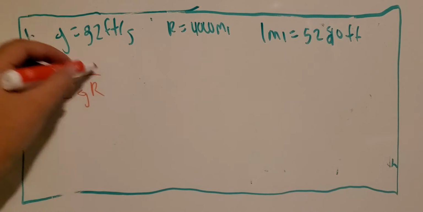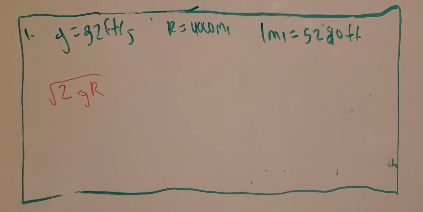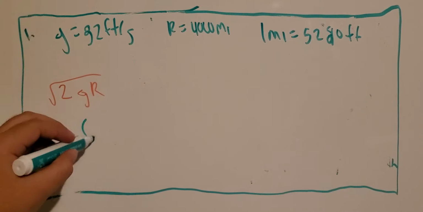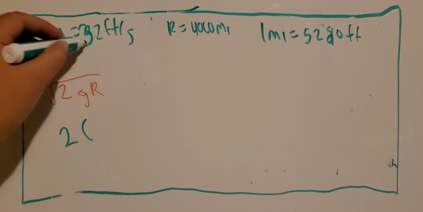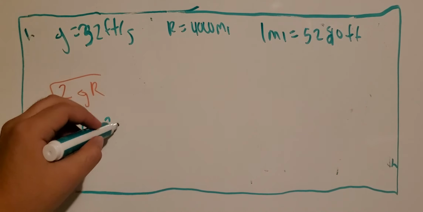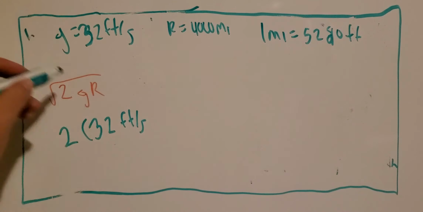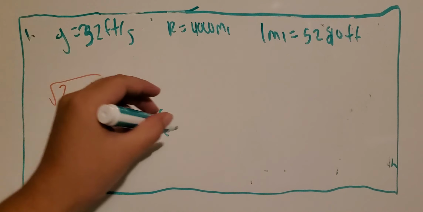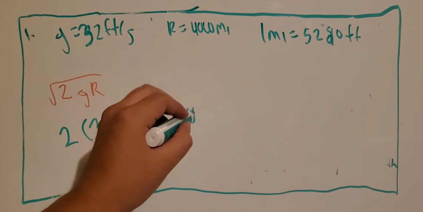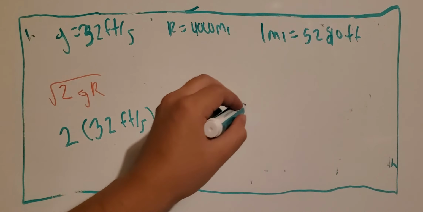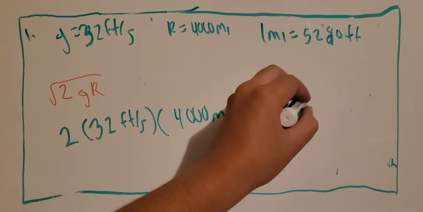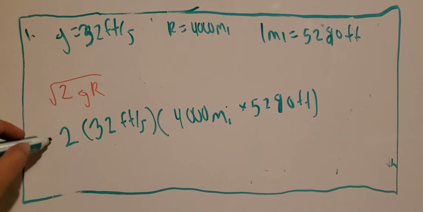It'll be 2 times g, which is 32 feet per second squared, times r, which is 4,000 miles times 5,280 feet. And remember, it's a square root.